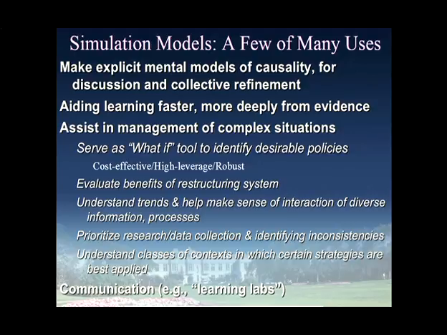I talked about aiding learning faster and more deeply from evidence, faster, more deeply, and more robustly. But they can also critically assist in the management of complex situations. They can serve as what-if tools for identifying desirable policies.